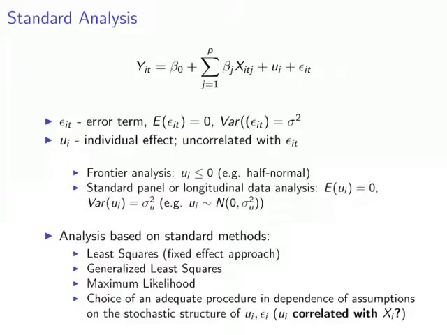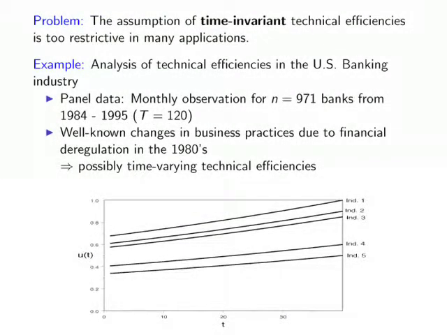This individual effect should depend on time. That's the major idea. So there are well-known changes in business practices due to financial regulations, and there may be possible time-varying technical inefficiency. It may just be that the bank was inefficient at the beginning and efficient at the end, or vice versa. So the idea is that the U's, for example, depend on time.